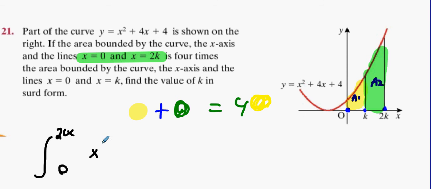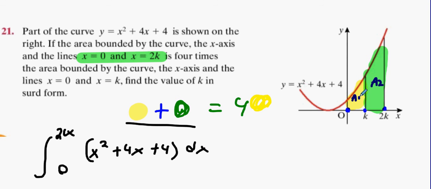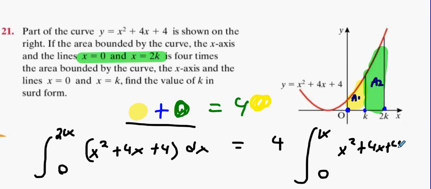So it's the integral of x squared plus 4x plus 4 dx. That gets you the yellow area plus the green area. But we know that this is equal to 4 times the yellow area only. So that's 4 times the integral from 0 to k of x squared plus 4x plus 4 dx. If you have the answer correct and you're waiting on me, go to 24.